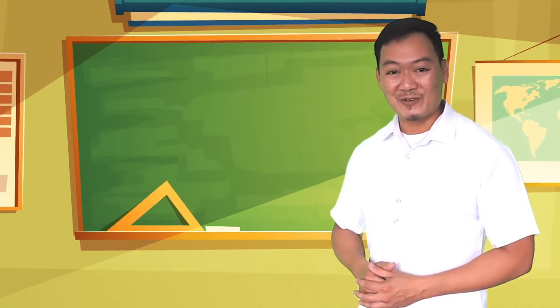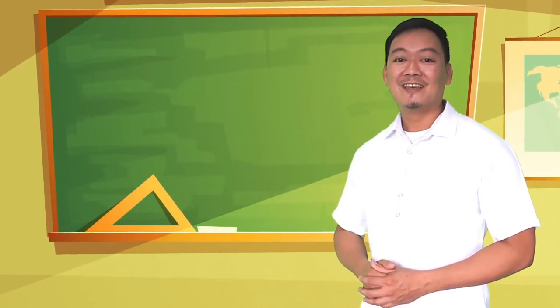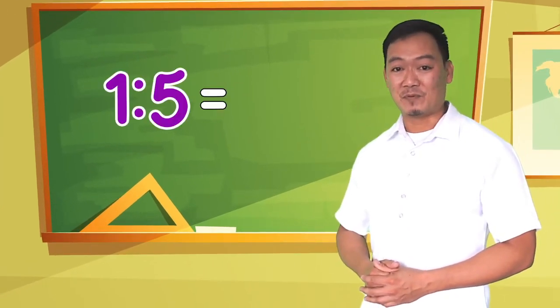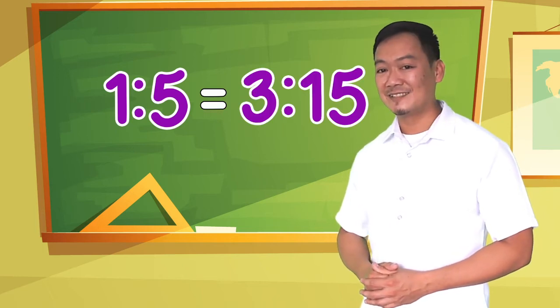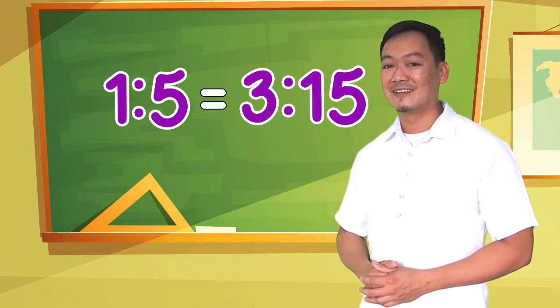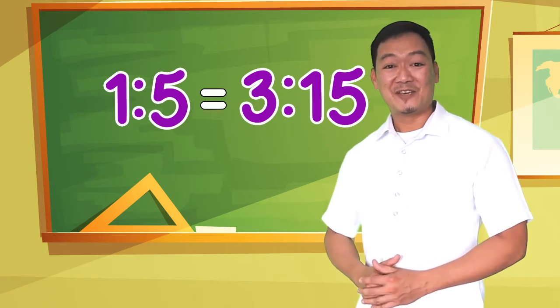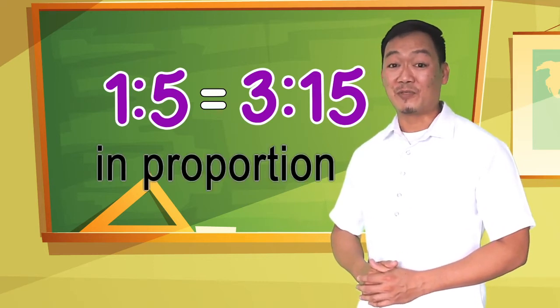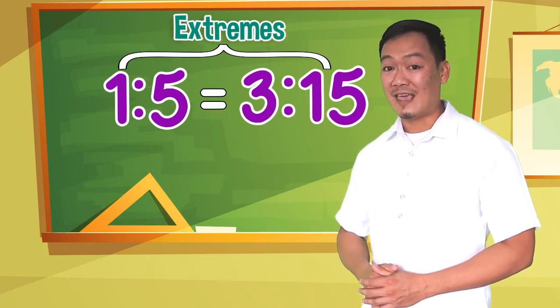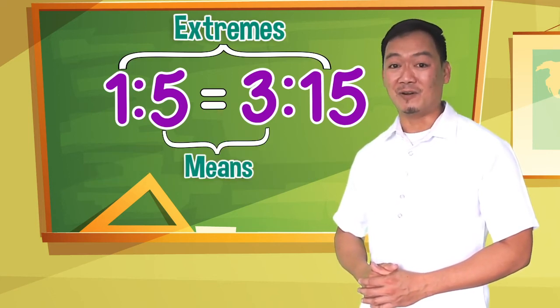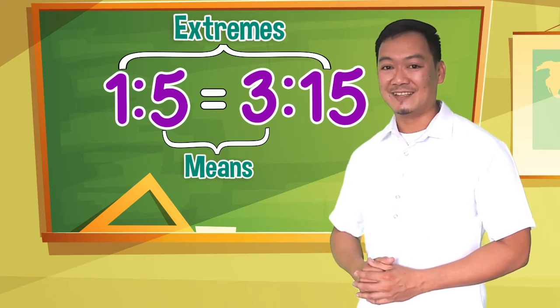Now let's check with the other ratios. Is 1:5 in proportion with 3:15? That's right. 1:5 is in proportion with 3:15 because the product of their extremes and the product of their means are equal, and that is 15.